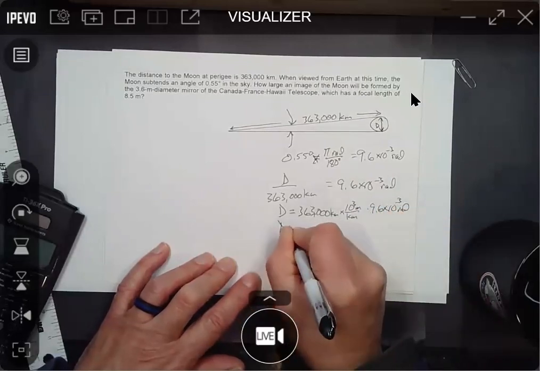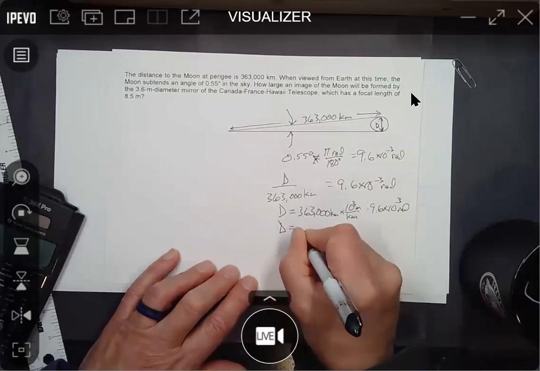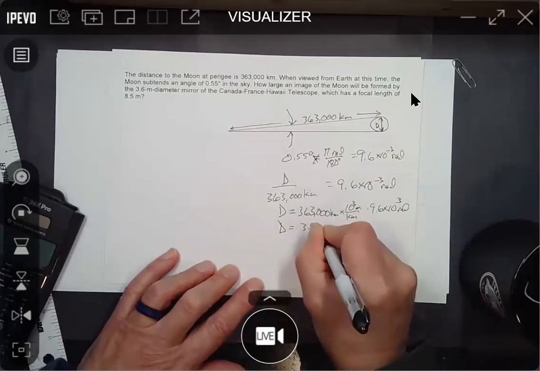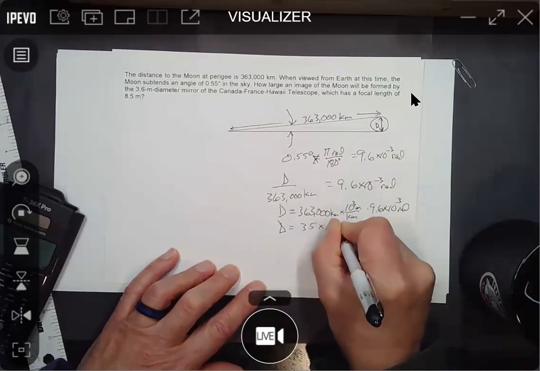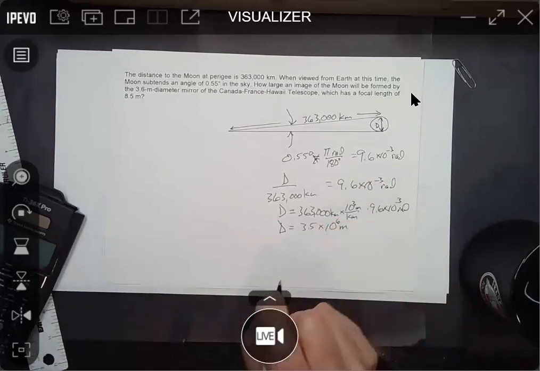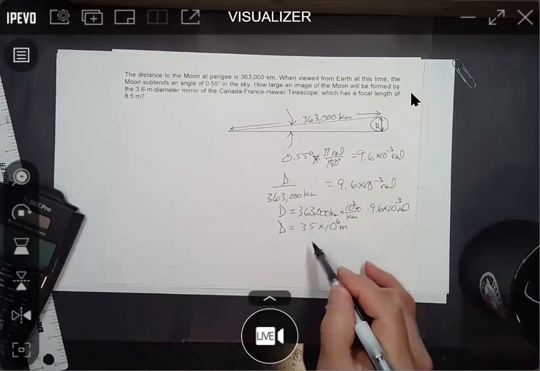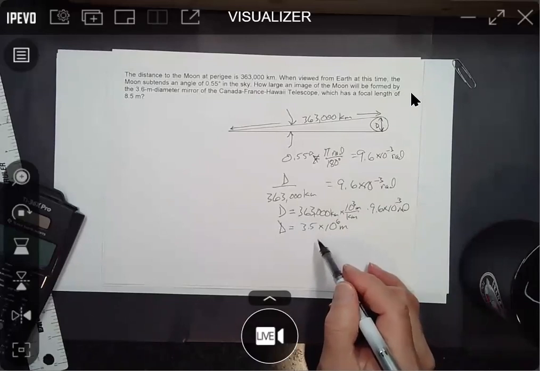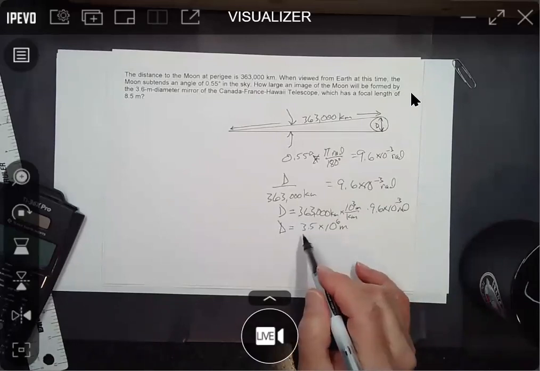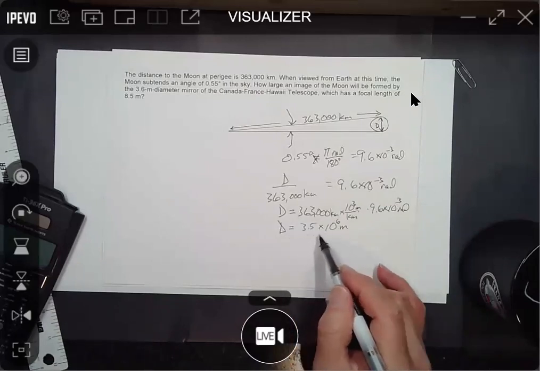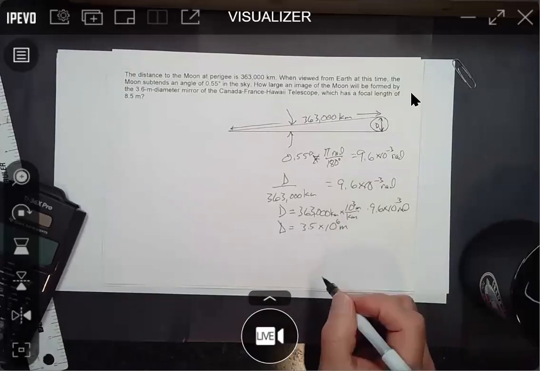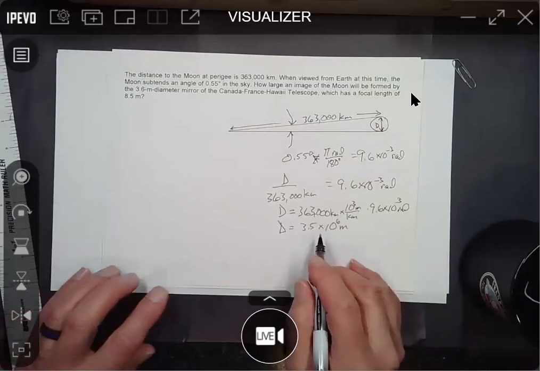And it turns out the diameter of the moon is about 3.5 times 10 to the sixth meters. The radius of the Earth is about 6.4 times 10 to the sixth meters. So its diameter is about 12.8. And this is approximately a fourth of that, which is about how the moon is compared to the Earth.